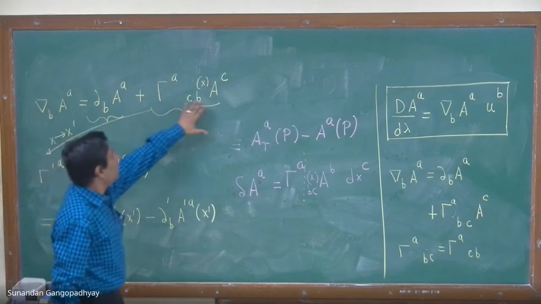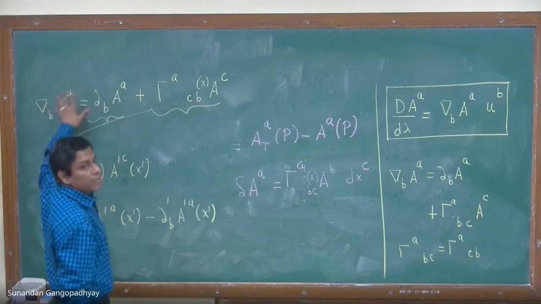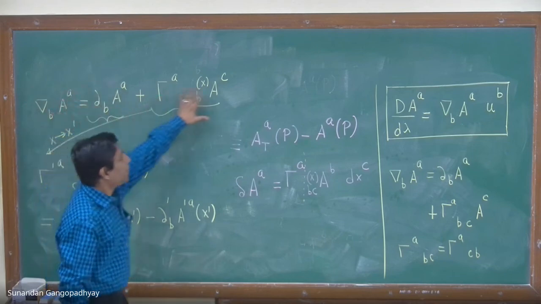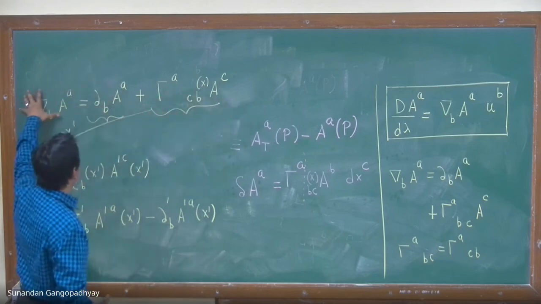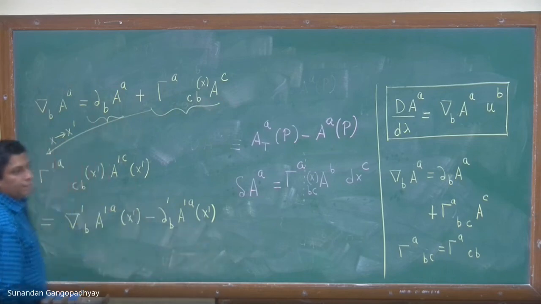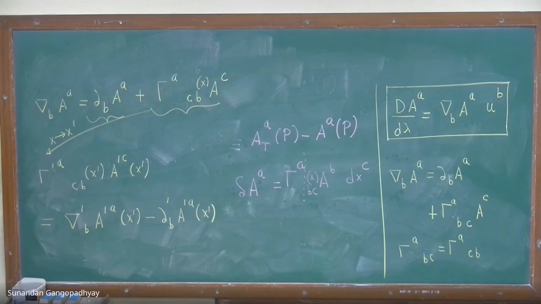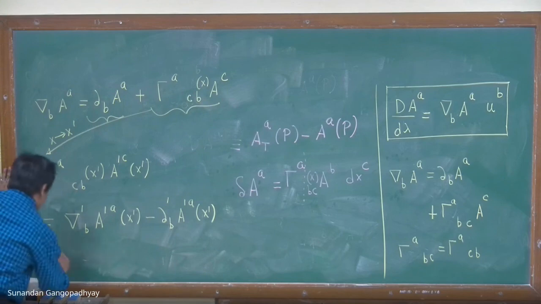Because gamma is basically grad this minus this. Therefore, gamma prime will be prime minus prime. This transforms like a tensor, so you know what it is.